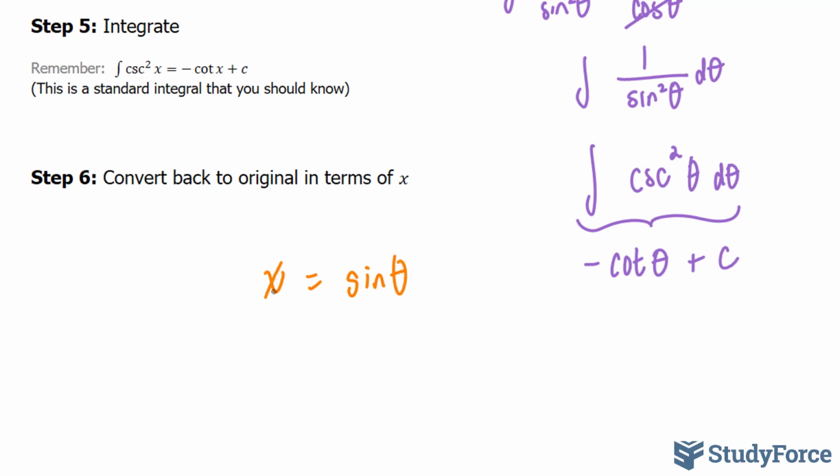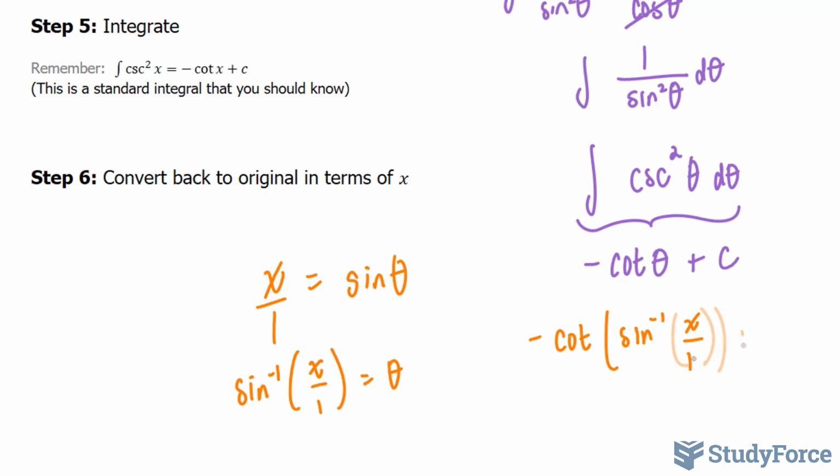On this side, we have x over 1, and if I take the sine inverse of both sides, I end up with simply theta. So I'm going to replace this into here. And arguably, you now have a function in terms of x.